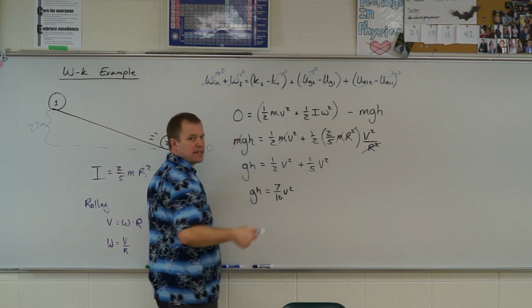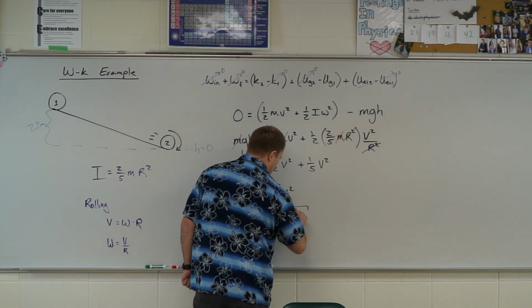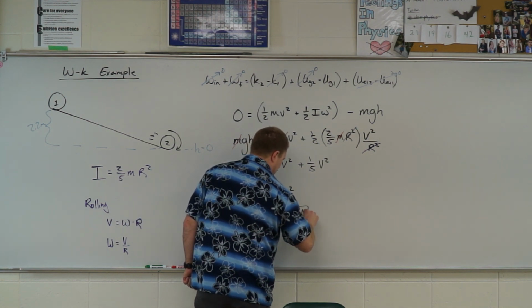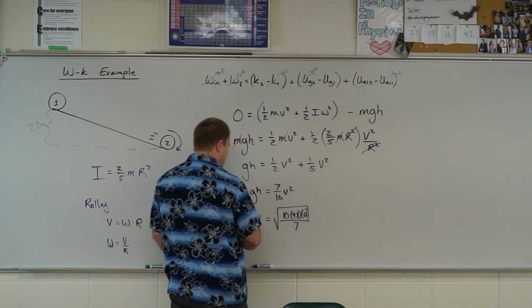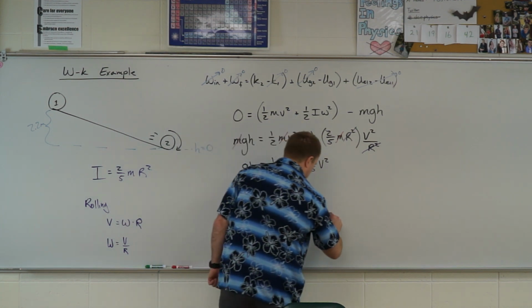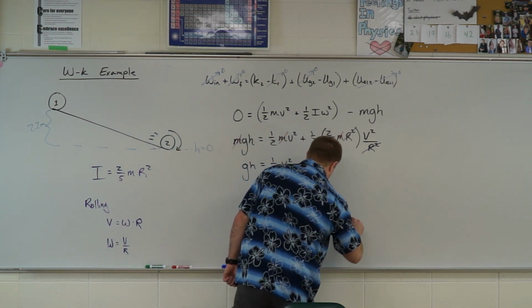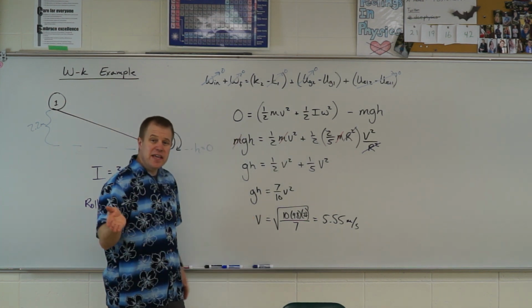The last step is I need to solve for v. So v is going to be the square root of 10 times 9.8 times the height, which was 2.2, divided by 7. Go ahead, plug that in your calculator. You should get 5.55 meters per second.